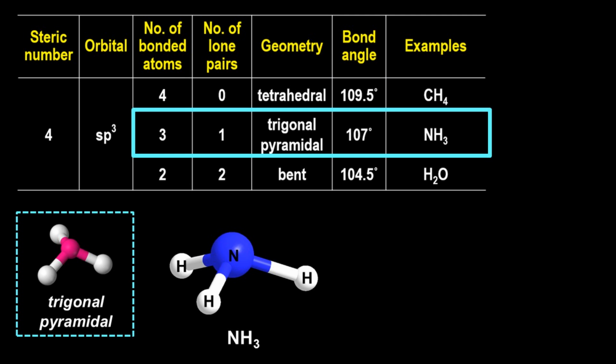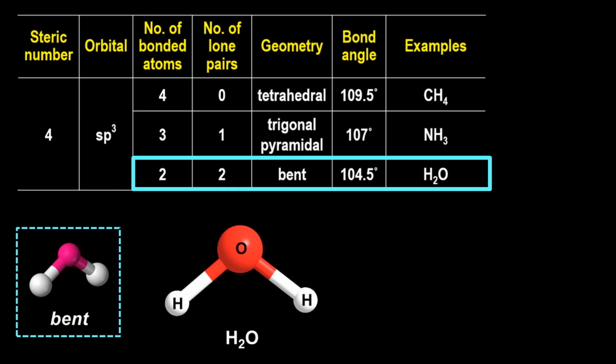Now the molecule becomes trigonal pyramidal, and the lone pair pushes the bonded atoms a little closer together. That drops the bond angle to around 107 degrees, like we see in ammonia, NH3. And if there are 2 lone pairs, now we've got a bent shape because those lone pairs are taking up even more space. This brings the bond angle down even further, to about 104.5 degrees, like in water, H2O.